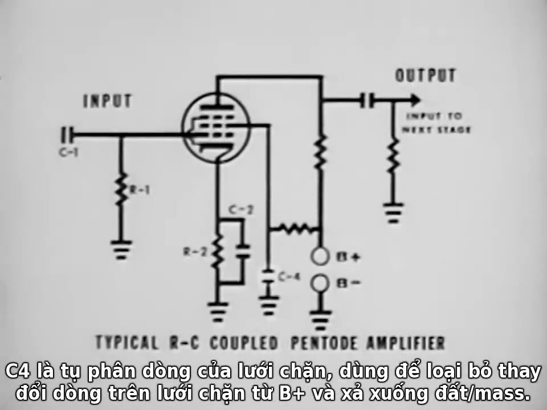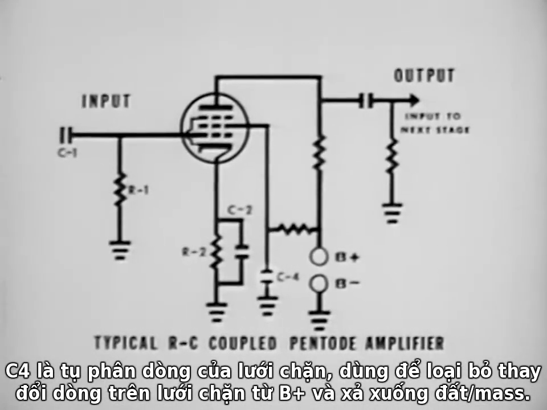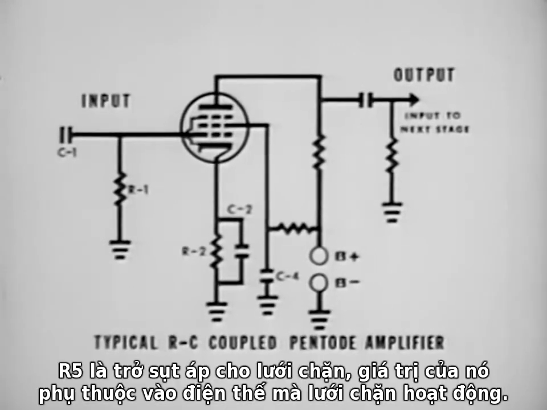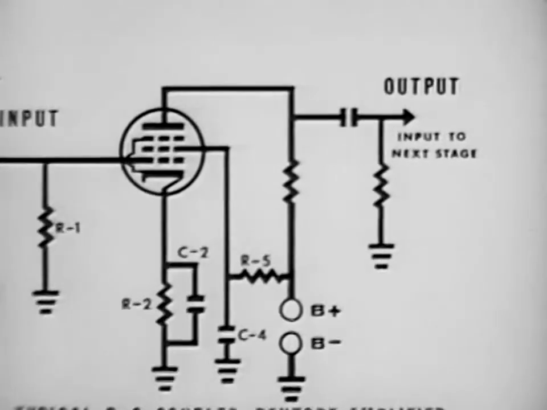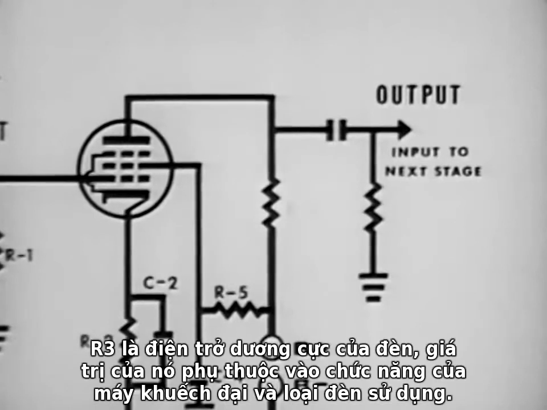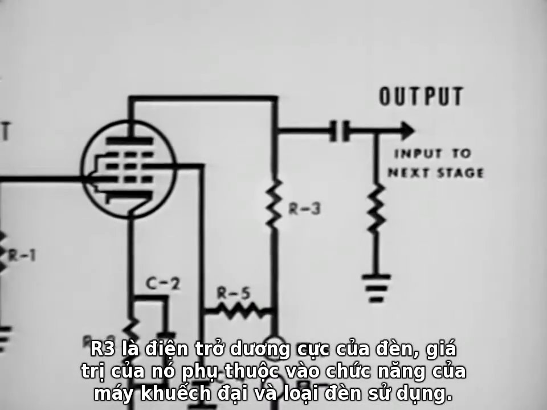C4 is the screen bypass capacitor, which serves to remove any variation in screen current from the B+ voltage and to bypass these variations to ground. R5 is used as a screen dropping resistor. Its value depends upon the potential at which the screen must operate. R3 is the plate load resistor for the tube.